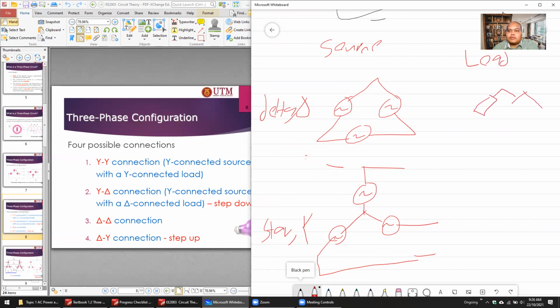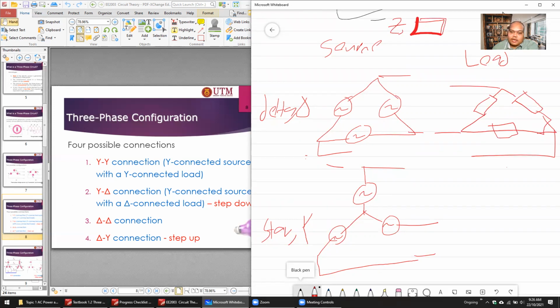Something like this. And don't forget, use this symbol for impedance Z. This represents impedance, and this one is for the star.